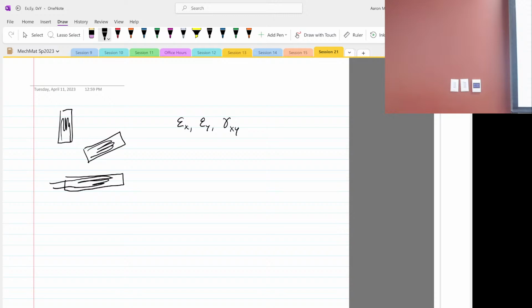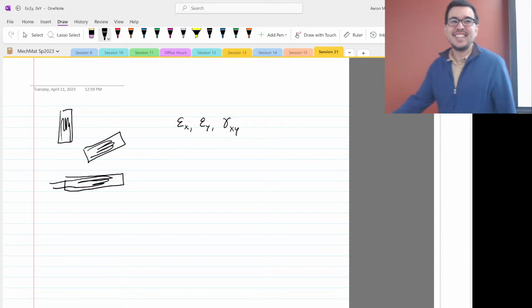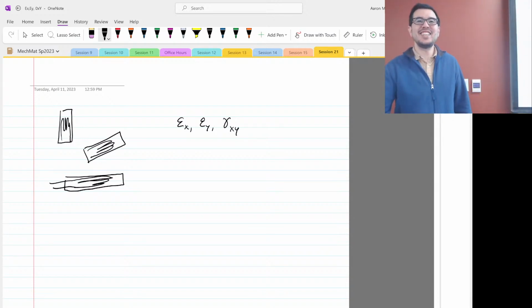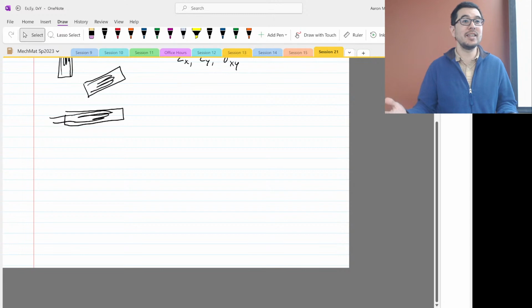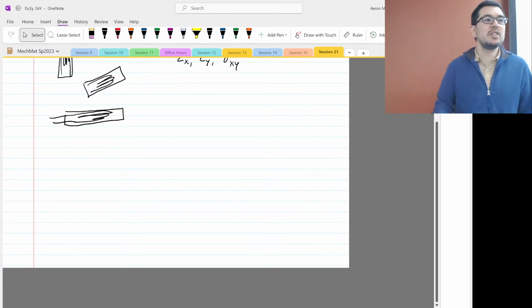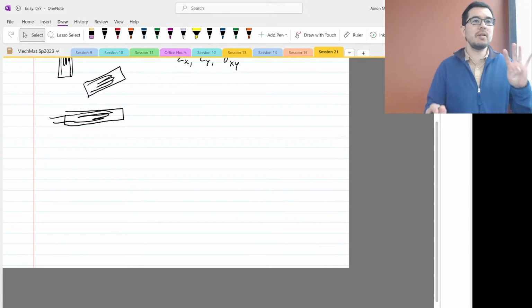So we can use the principal strain from the XY plane and apply it to the XZ. It's essentially the same problem twice with a different wording, and different physical significance as well. Okay, so there's a question about question number 4.